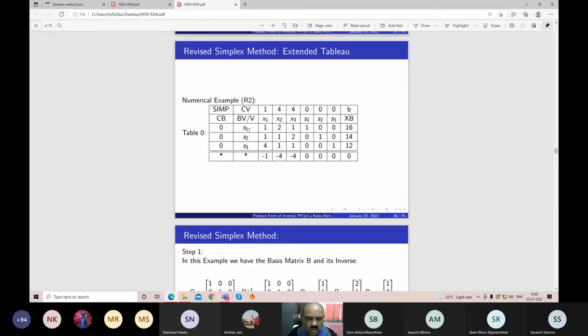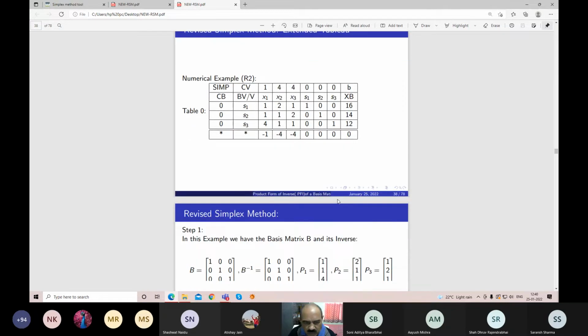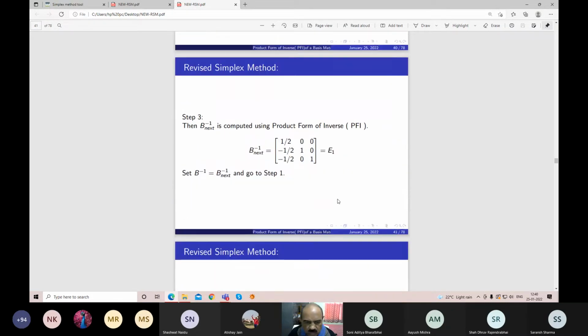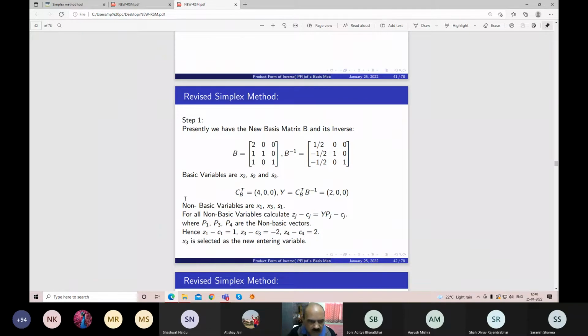So presently the basic variables are X2, S2, S3, and the non-basic variables are X1, S1, X3. You have to write this down. Basic variables are X2, S2, S3. Non-basic variables are X1, X3, S1.